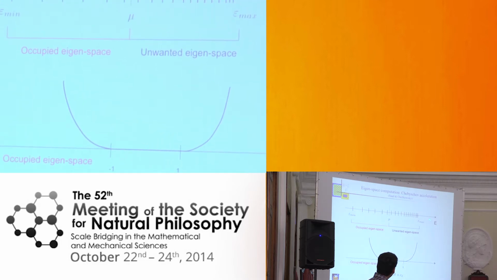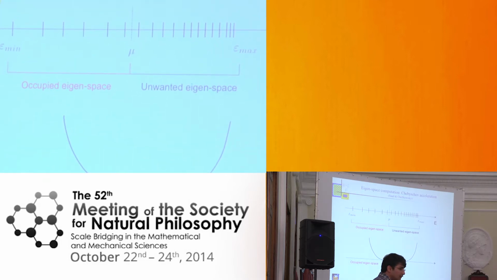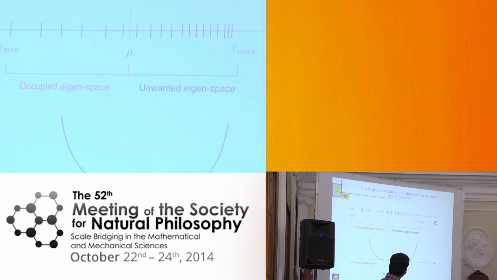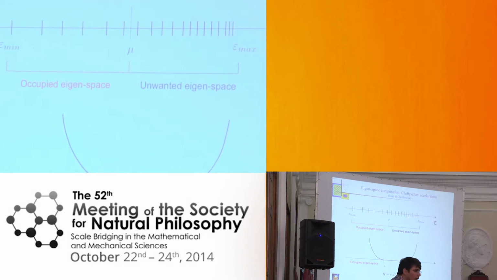So let's say we have the Hamiltonian, and this is the eigenspectrum. There is the occupied eigenspectrum that we are interested in, corresponding to the lowest n electrons, and there's the unwanted space, which we are not interested in.